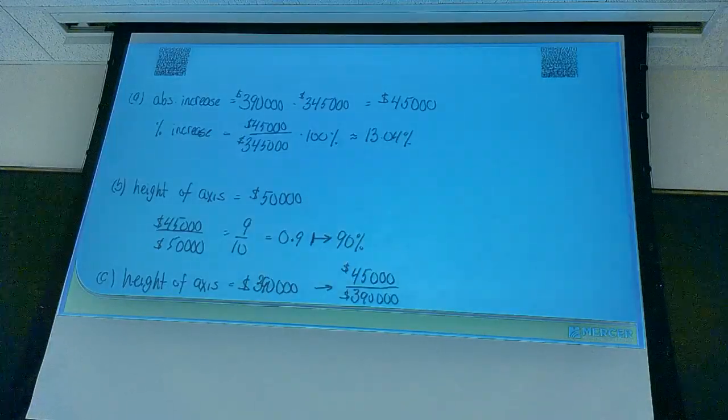Now that percent of the axis height that represents that change, 45,000 divided by 390,000.